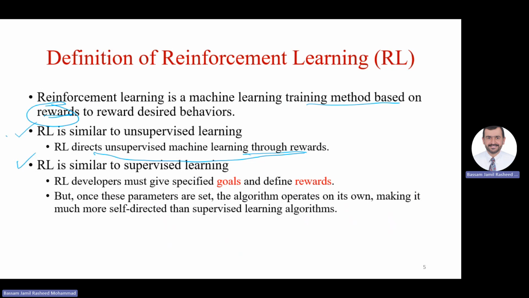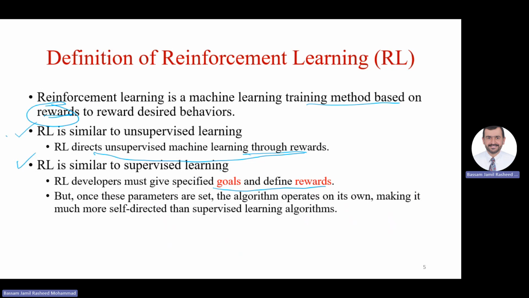What we have is rewards. It is similar to supervised learning in the sense that you have to give goals and rewards. You have to provide those, much like we provide labeled data sets. It's not like you deploy this in the field by itself without any work.